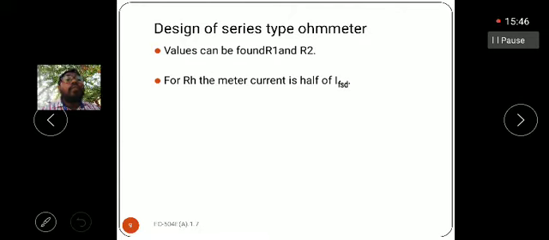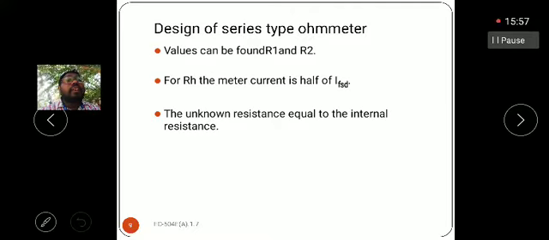The value can be found from R1 and R2. For RH the meter current is half of the full scale deflection current. The unknown resistance is equal to the internal resistance. Already we discussed that the internal resistance of the circuit is equal to the unknown resistance in the circuit.